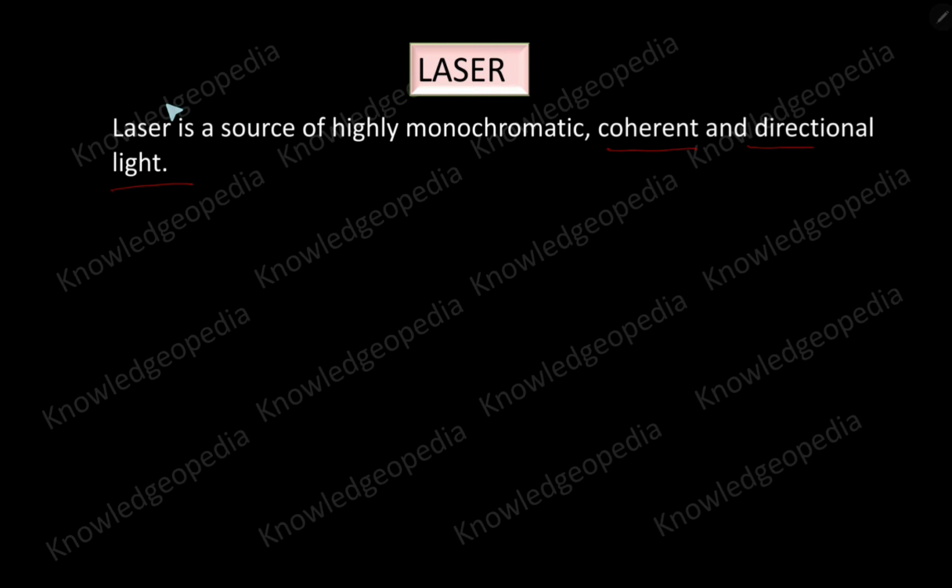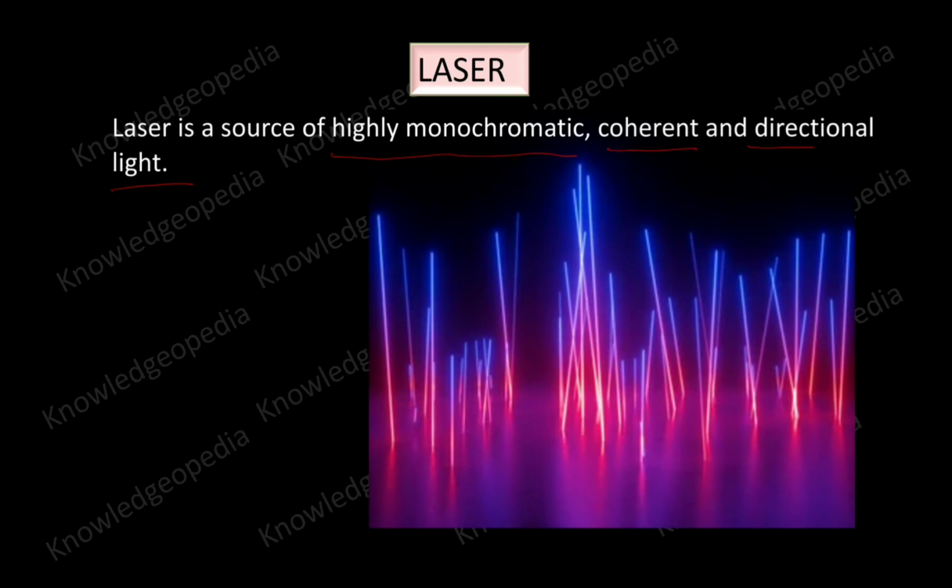So it is a source of light, and the light which is obtained from a laser source is highly monochromatic, coherent and directional in nature. So this is a laser light you can see over here, and laser is an acronym.